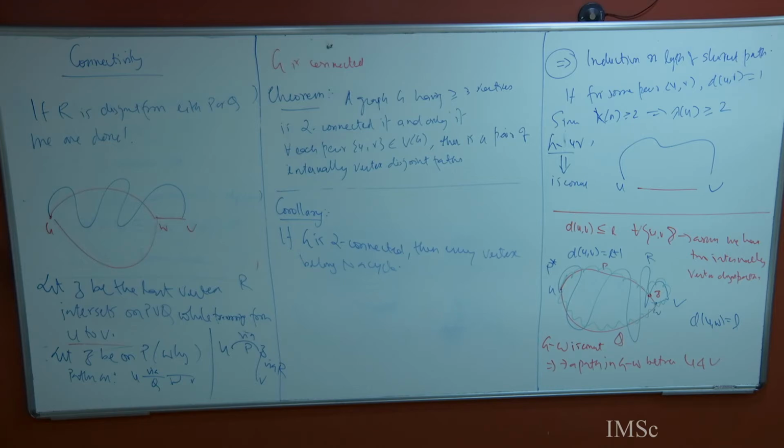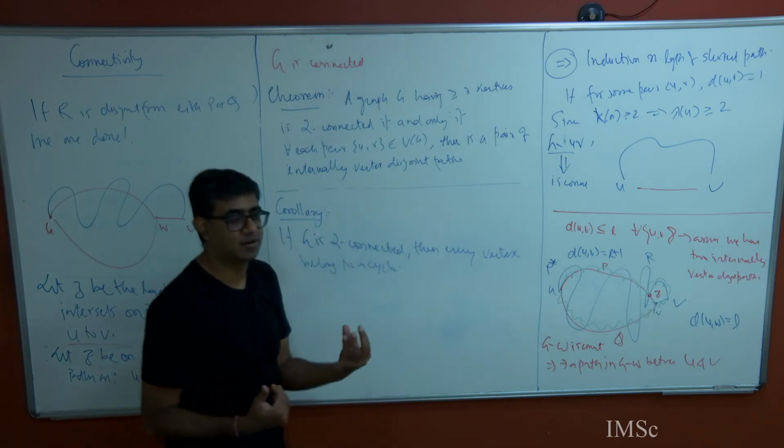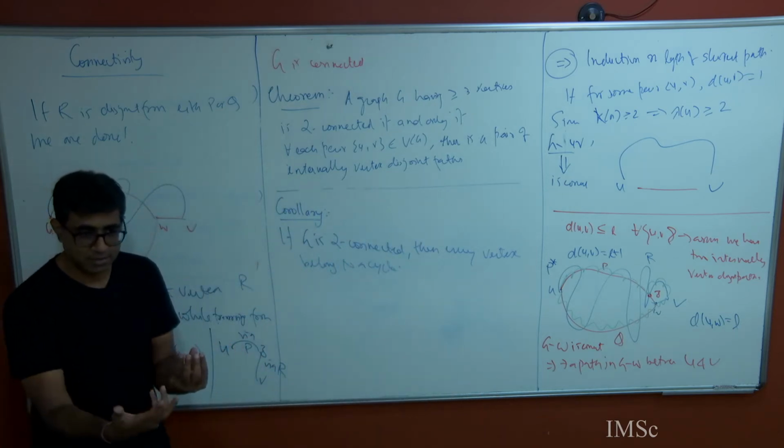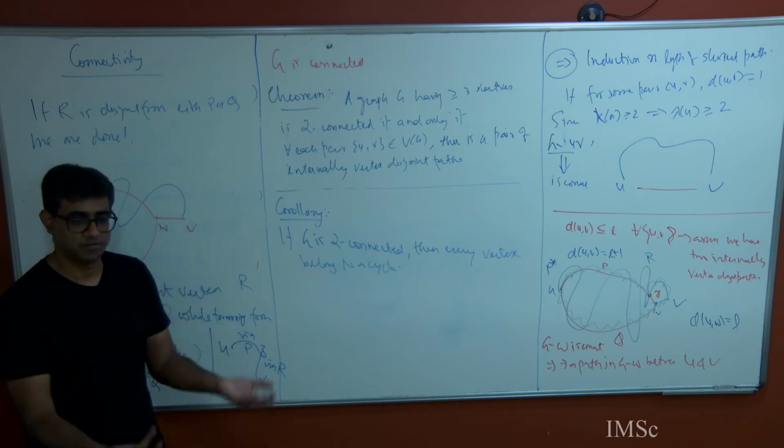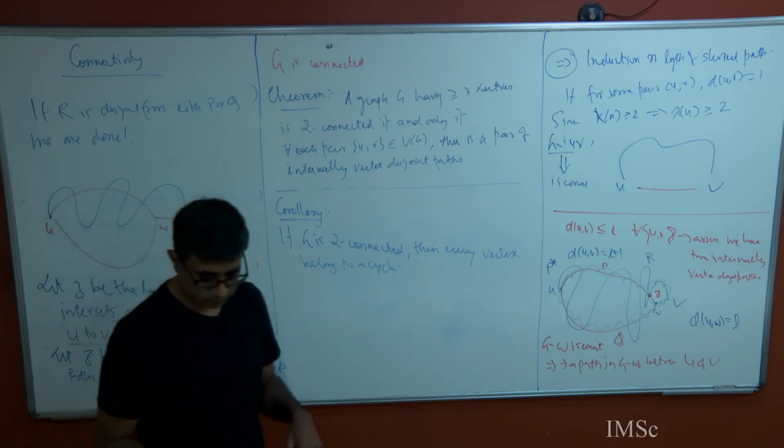Look at a cycle, every vertex is 2 connected here, right, and that is the simplest form of 2 connected. Now, we will try to prove a theorem which will tell us that any 2 connected graph can be constructed starting with a cycle and applying some operations to it. Okay. Is that fine?